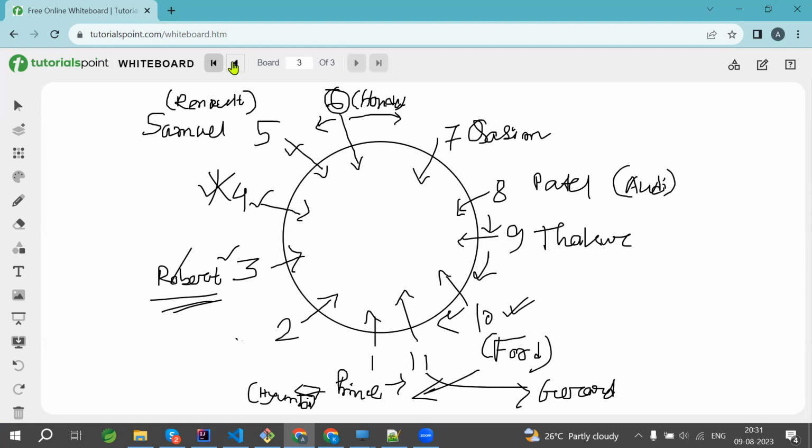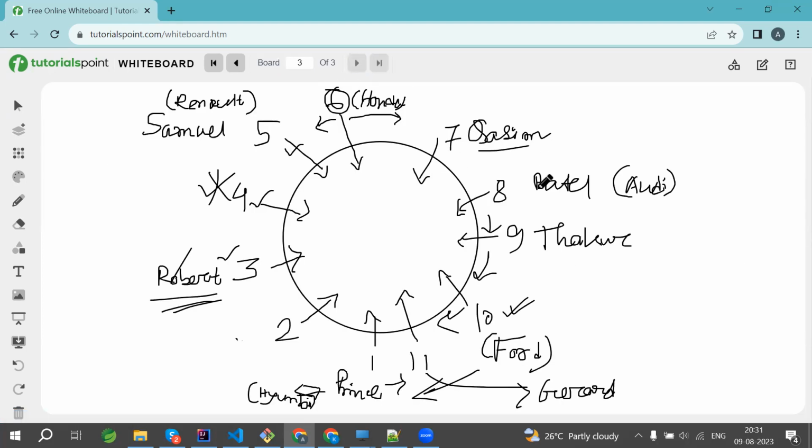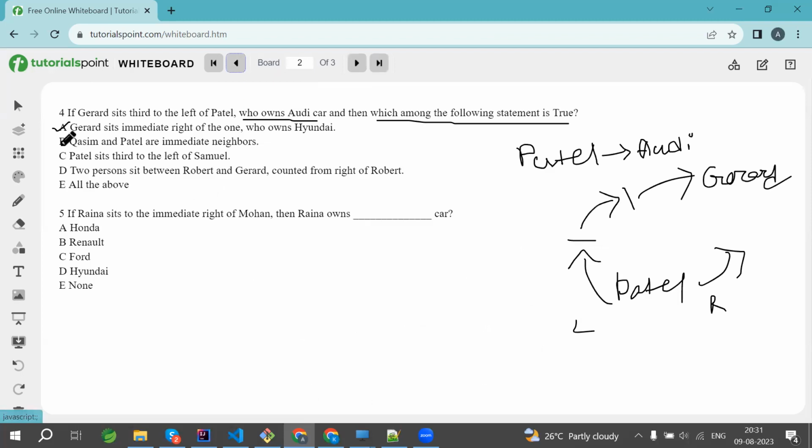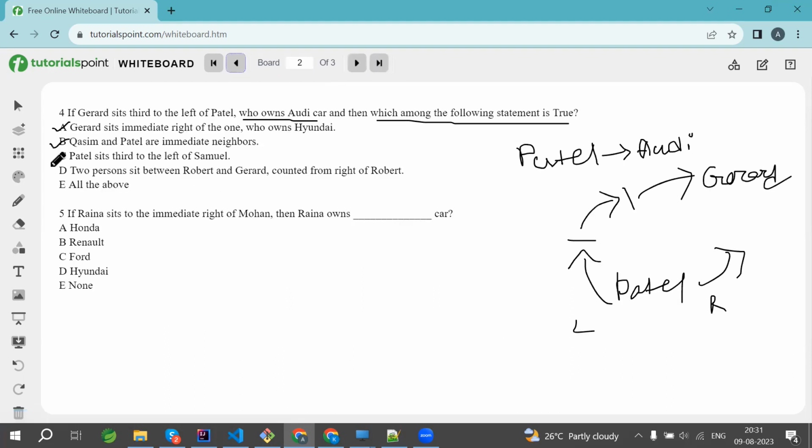Yeah, this is correct. Wasim and Patel are immediate neighbors. Yeah, Wasim and Patel. Patel sits third to the left of Samuel. So this is left: one, two, three. Yeah, Patel is third to the left of Samuel.